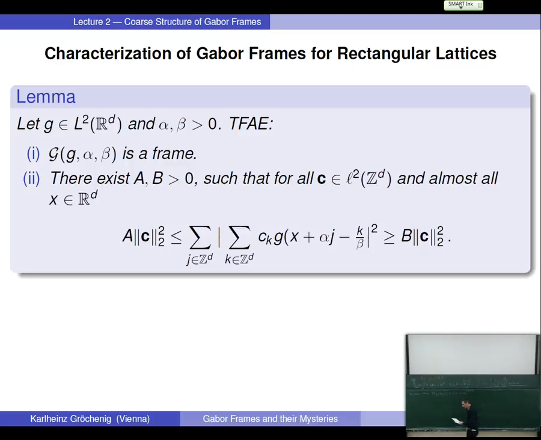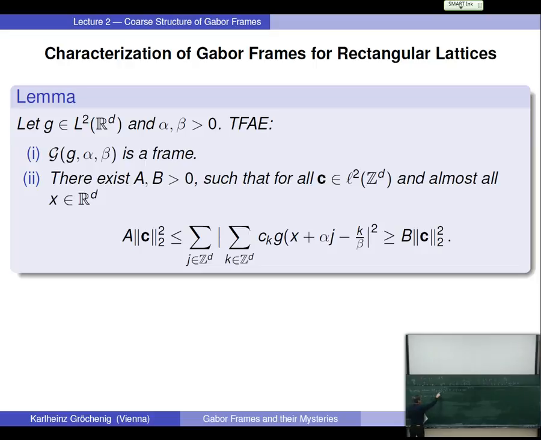So let's see. Now I would choose R large enough such that, so what do I try to do? I want to show you that the Gramian on the adjoint lattice is diagonally dominant. So the adjoint lattice is 1 over beta, 1 over alpha.